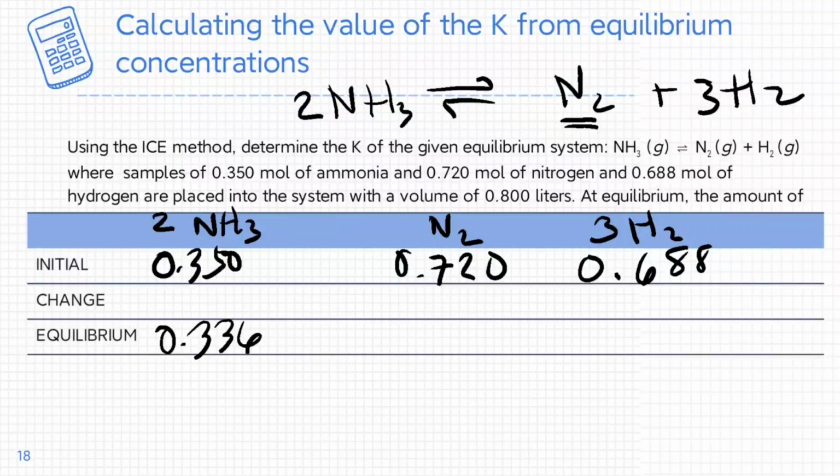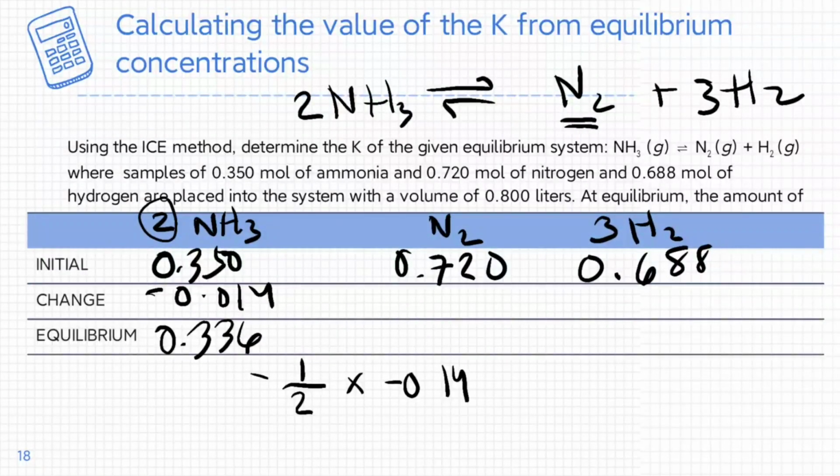Okay, so compute, subtract this, you have 0.014. Tapos, again, to compute for your change in product, yung coefficient ng product mo over yung coefficient of your reactant, negative 0.14. Yung isa naman is negative 3 over 2 times negative 0.14.